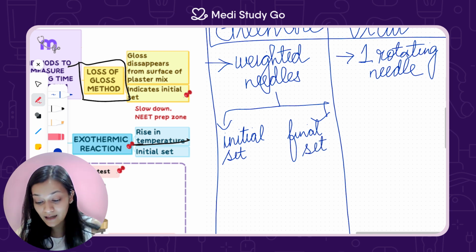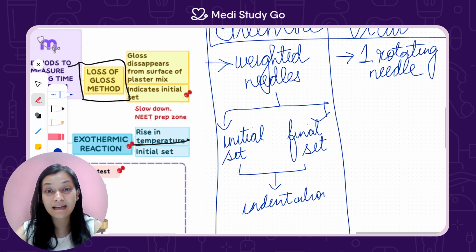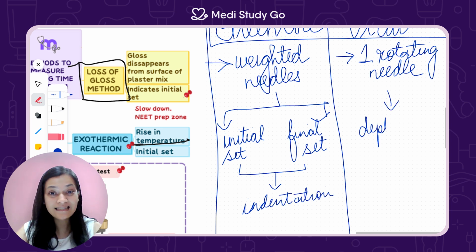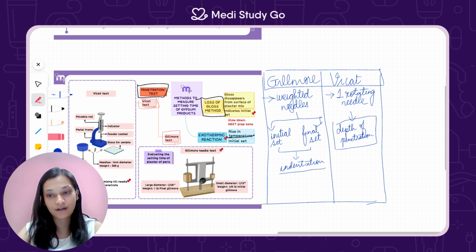On the other hand, Wicket test is actually done by knowing the depth of penetration. This in turn will help us to determine the initial and final set. Gilmore test sees the indentation while the Wicket test actually sees the penetration.